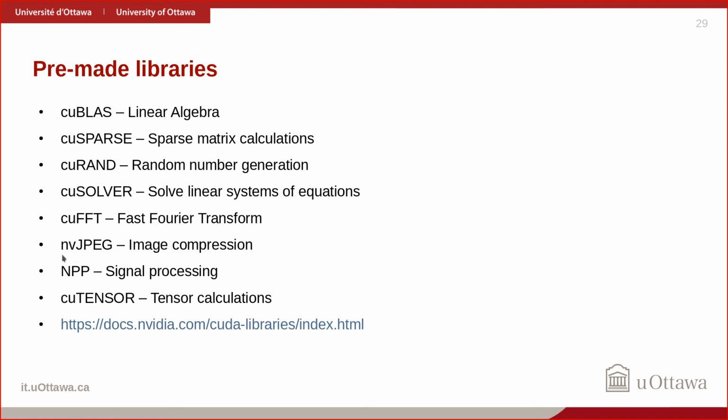You can also do image compression because, well, it's still a graphics card after all. And there are also libraries for signal processing. I'm not too familiar with signal processing, but just want you to know that it's there. And of course, there are tensor calculations because, as you know, GPUs are used a lot in machine learning, just because it's so many small operations on large chunks of data.